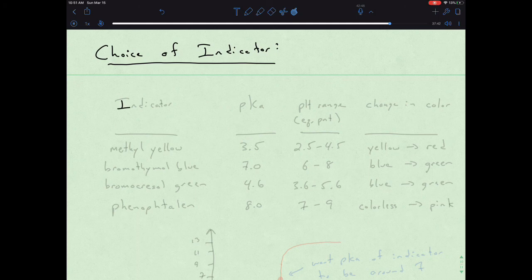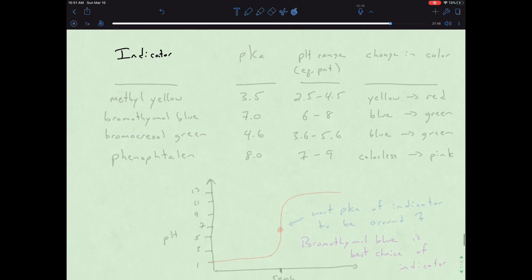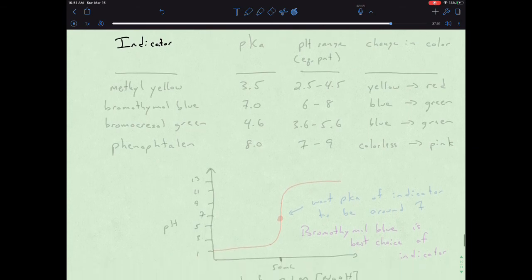So here we have indicator choice, and then we also have pKa for the indicator, and then a change in basically color, as well as pH range, and that would be of our equivalence point.